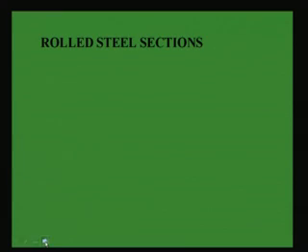Now, let us discuss some rolled sections. One is the I section, which is generally used for beam members, for flexural action. Another is the channel section. So, this is called the I section, this is called the channel section, and this is called the angle section.